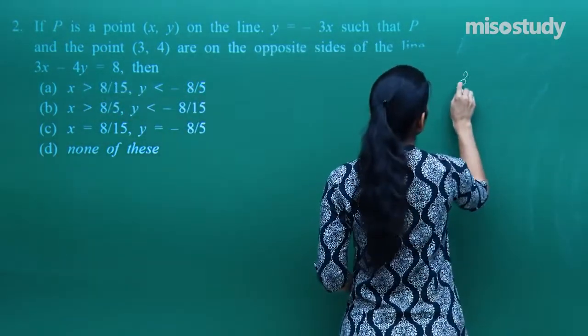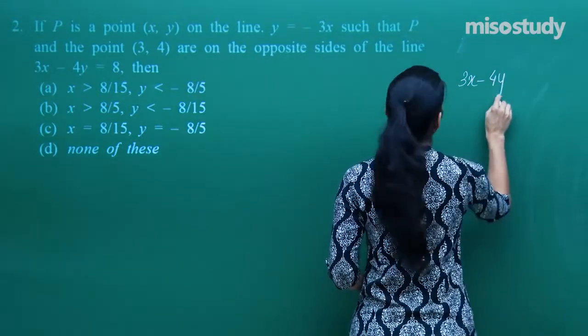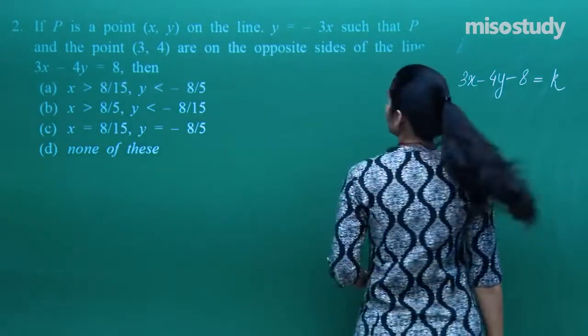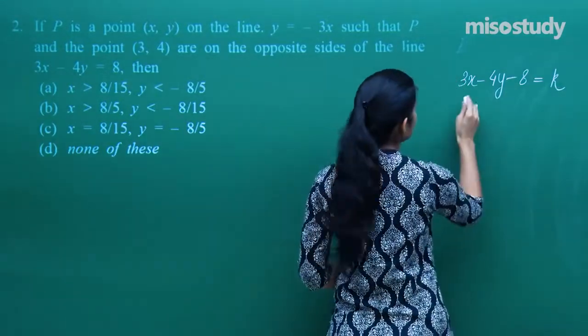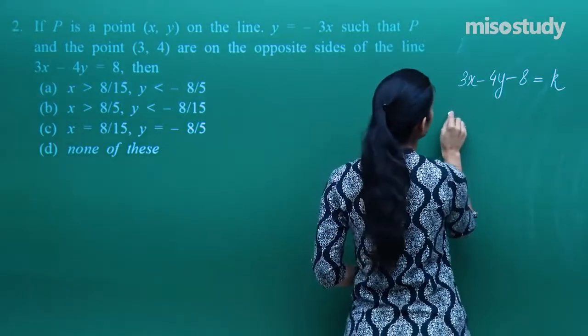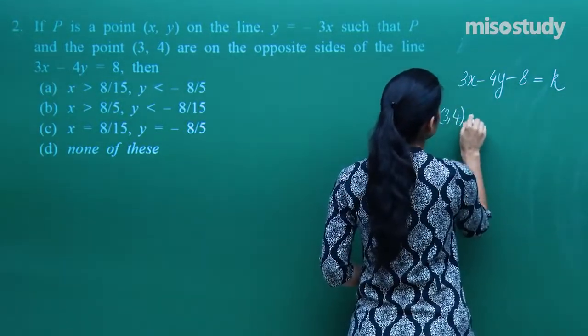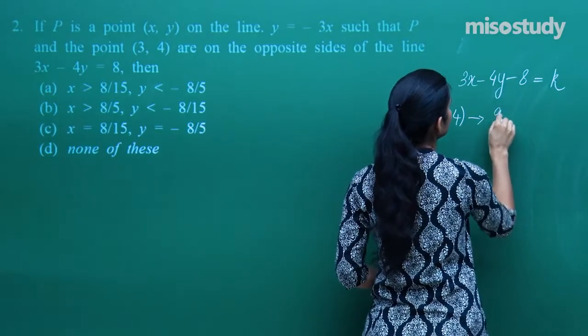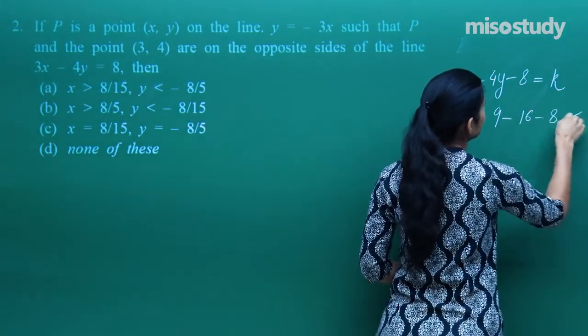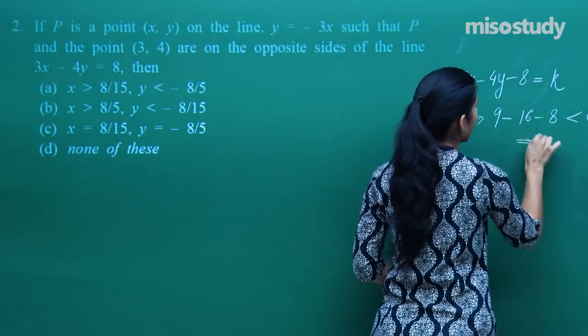Now, you have 3x minus 4y minus 8. Just take it to be equal to k. (3, 4) is lying on some side of this line, right? So, (3, 4) when you plug in place of x and y, you get 3 into 3, that is 9, minus 4 into 4, that is 16, minus 8, this is clearly negative.